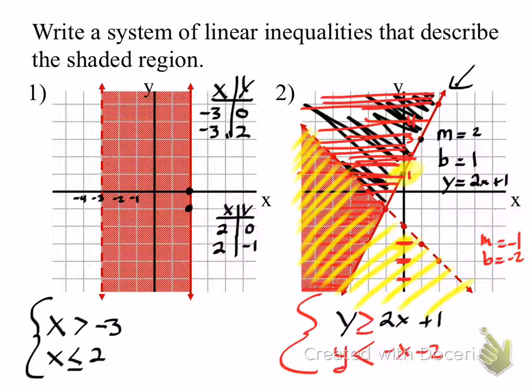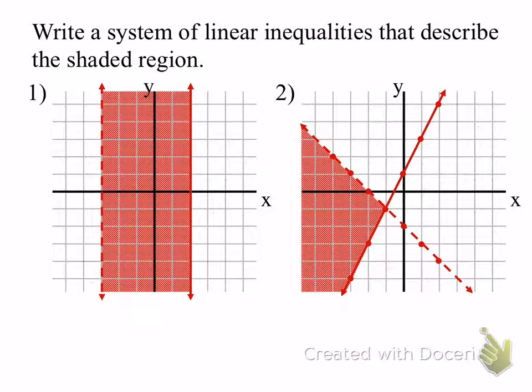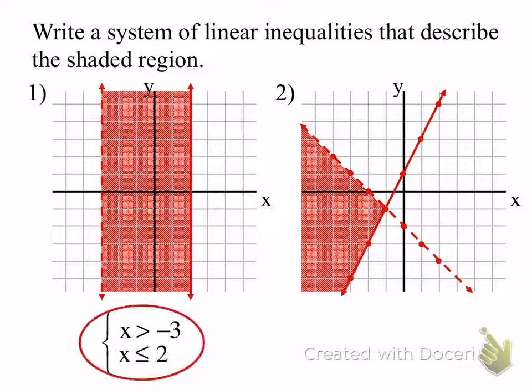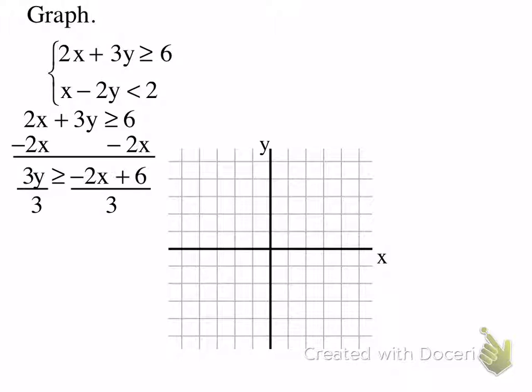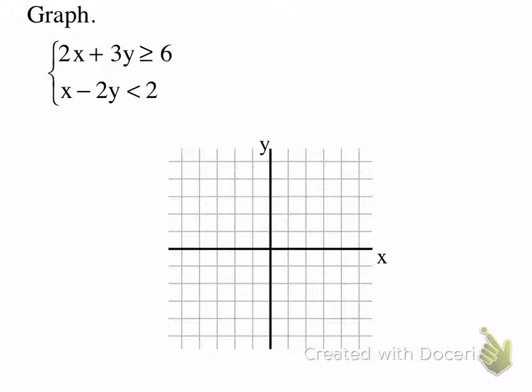I'm going to move on to a quick word problem before you go. Just remember, identify your M and your B, and then continue the shading. All right, I'll go past this. If you want to try this one, you can pause the recording and then check your work.